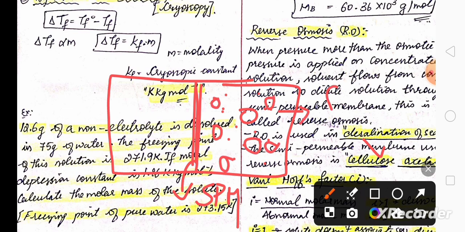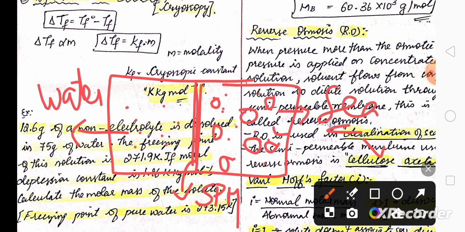On the other side you take pure water or normal water. So sea water is a concentrated solution and water is a dilute solution. On the concentrated solution, you apply pressure, and that pressure should be greater than pi, the osmotic pressure.